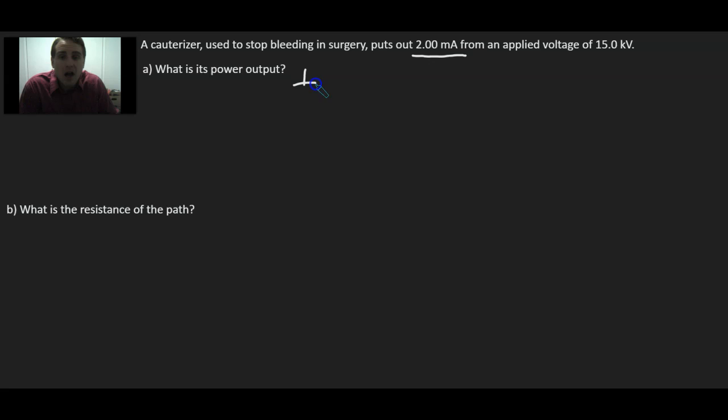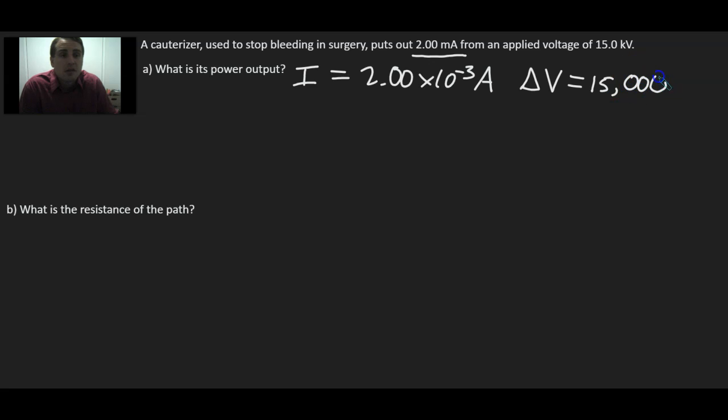So I should equal to 2.00 times 10 to the minus 3 amperes. Also note the voltage, we could call that delta V, is 15 kilovolts. Kilo is the metric prefix for thousand, so that's 15,000 volts.